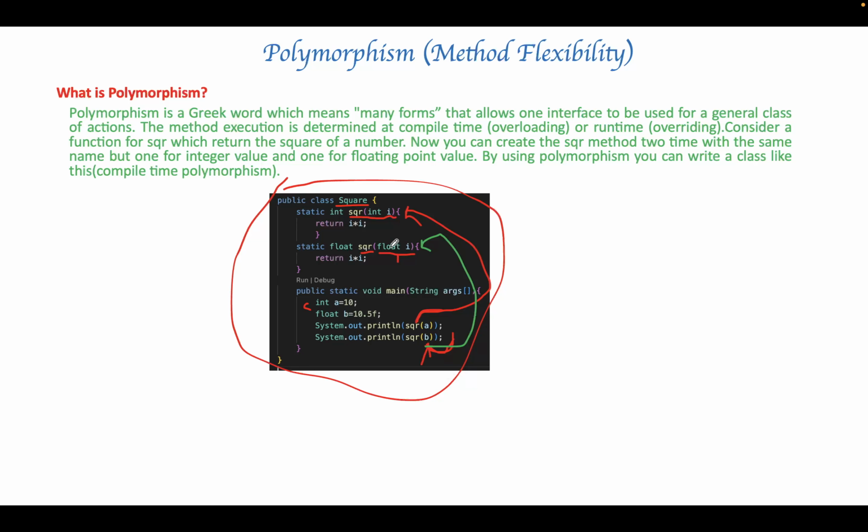But if you want to do this in C or process-oriented programming, you have to create two different methods, like a square integer and a square floating point. That is a problem. You need to remember two methods, one for calling integer type values and one for floating point values. But polymorphism reduces that.